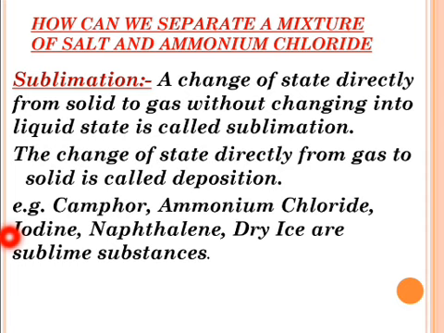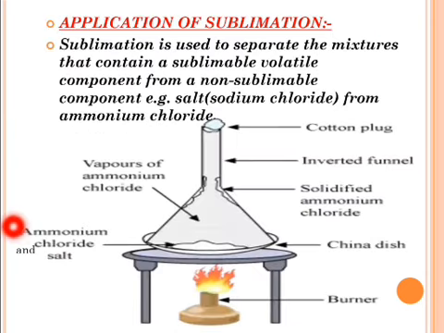Now, if a sublime substance and a non-sublime substance get mixed, then how can we separate them? Let us see with the help of an activity how we can separate the mixture of ammonium chloride and salt like sodium chloride from each other by the sublimation process.